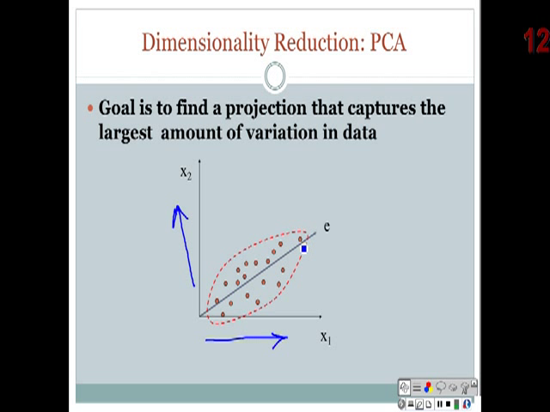Each point can be represented by x1 and x2, but how about finding another projection, which is here the E, so that I can project my data onto only this one space and still be able to understand the data? So instead of having two dimensions, now I am moving to one dimension. And this is how it works.